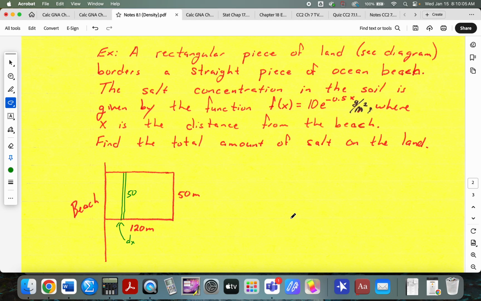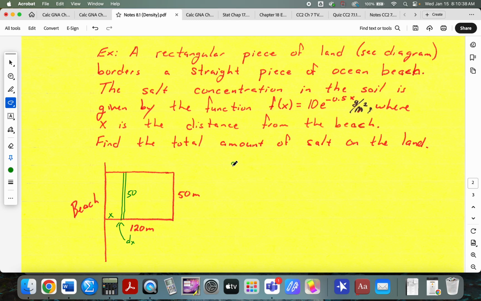So the area of that slice would be equal to 50 times dx, right? And for the amount of salt on that little slice, I would substitute whatever the x distance is from the beach, and then I could find for this slice how much salt was on it. So I just want to do that over and over again.